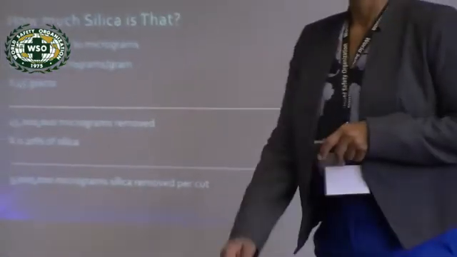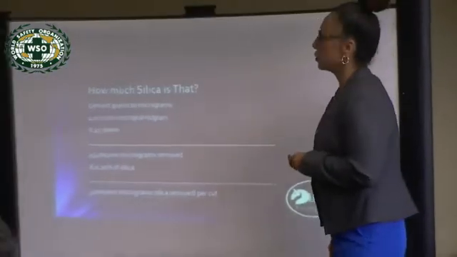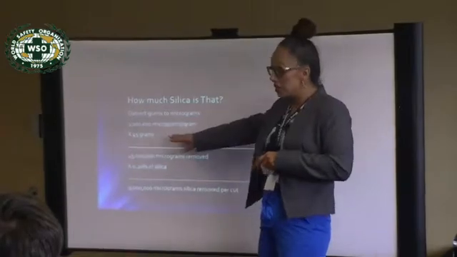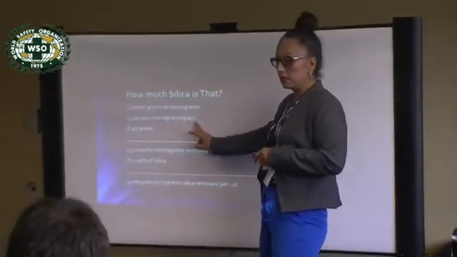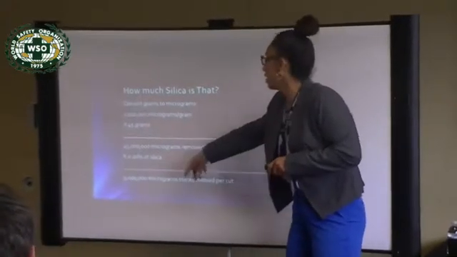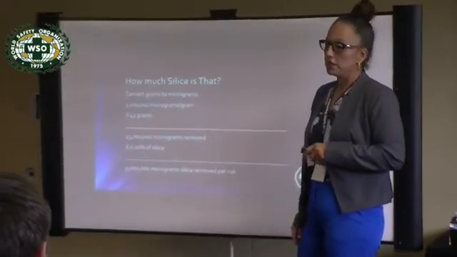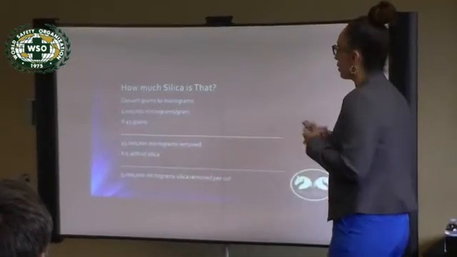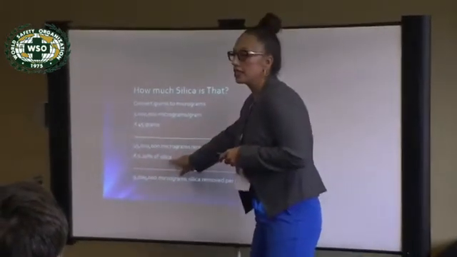All right. So now you're going to convert the grams to micrograms. 1 million micrograms per gram times 45 grams gives you 45 million micrograms removed. When you're talking about this type of brick, 60 millimeter, it is 20% silica.